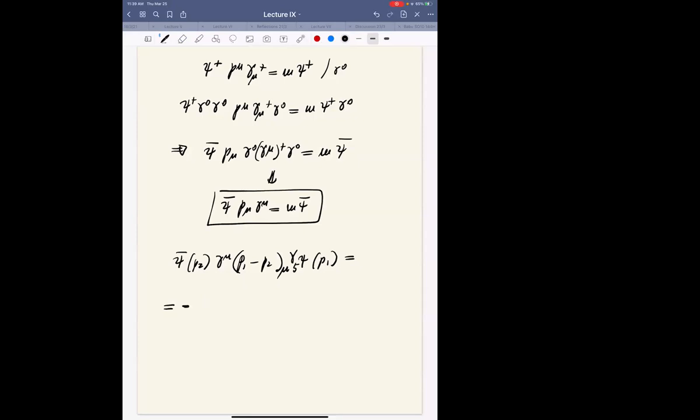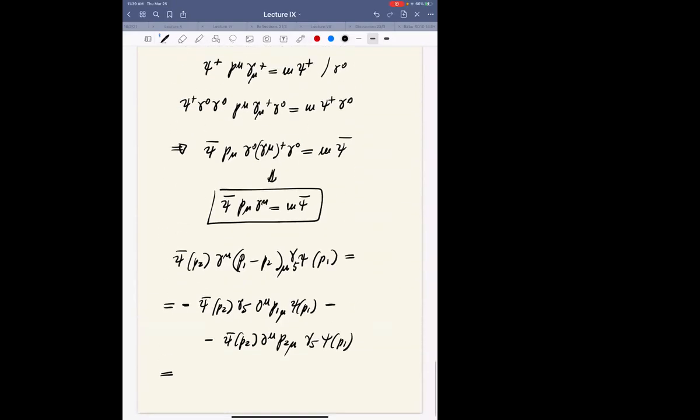Because gamma mu, well, let's write it down: psi bar P2, gamma 5, gamma mu, P1 mu, psi of P1, minus psi bar of P2, gamma mu, P2 mu, gamma 5, psi of P1. I can use the Dirac equation and notice what I get.